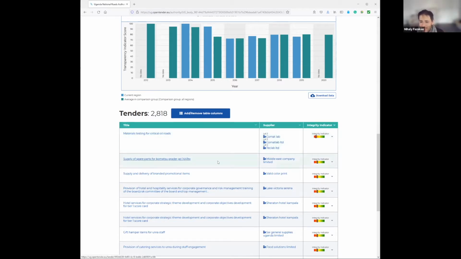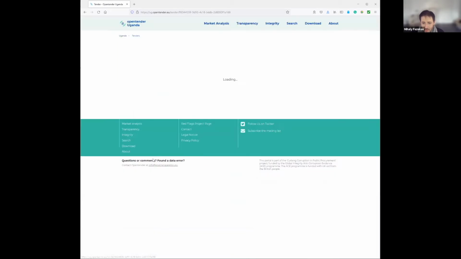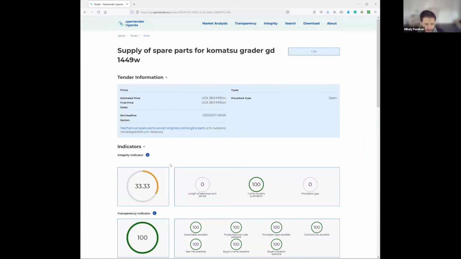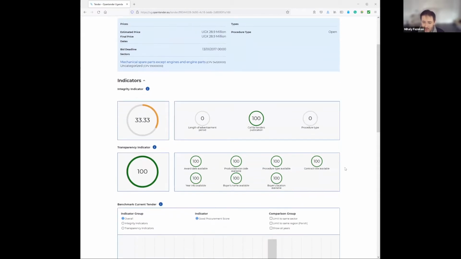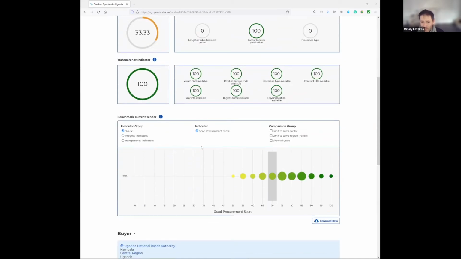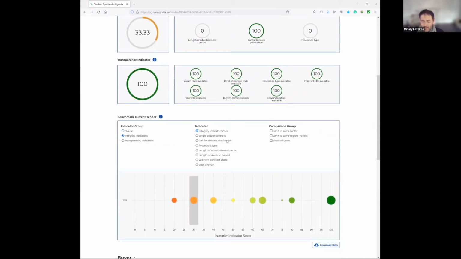So I can literally look at a tender which was very low integrity, the award of the contract and the tender run by this authority, and then I jump to the page of that tender where you can see the integrity indicators, transparency indicator, and the components of that composite score. And again, you have a chance of benchmarking the tender itself.